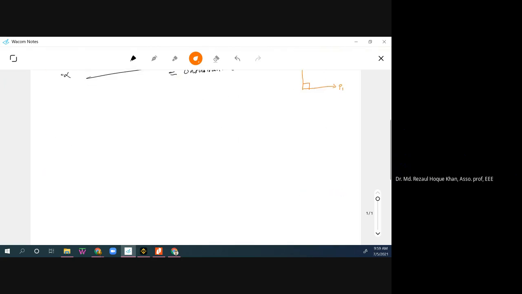For information 0 and 1, we will see. For information 0, the pulse could be A P1 t, which is our signal x t. When it is 1, the signal can be A P2 t. We have seen it earlier.